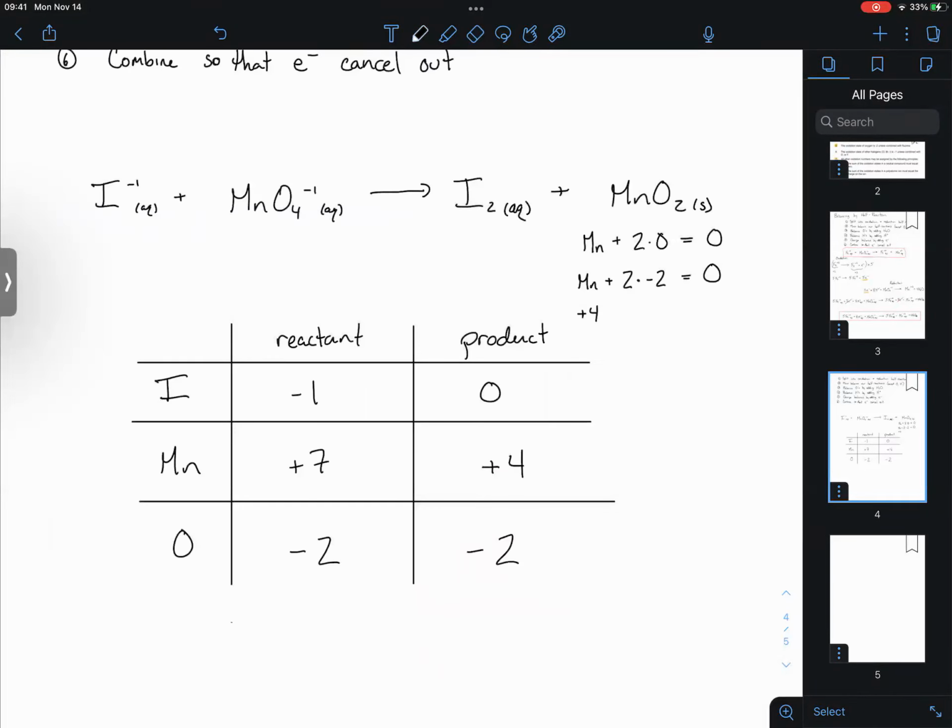All right, and then again, one other thing that we should be able to do is, given these oxidation numbers, you should be able to tell me what's being oxidized and what's being reduced. So just take a minute and make sure that you can label what's being oxidized and what's being reduced.